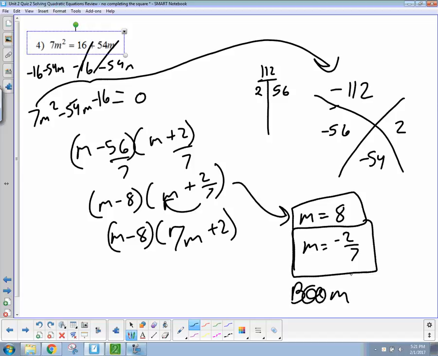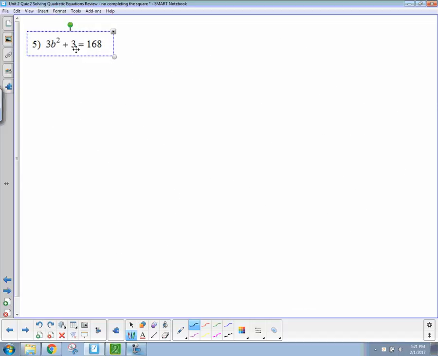All right, 5. Let's see here. All right, again, pause the video and try it out. I'm going to solve for b because look, there's no middle term. There's no b to the first degree. Okay, so I'm going to subtract 3 from both sides.